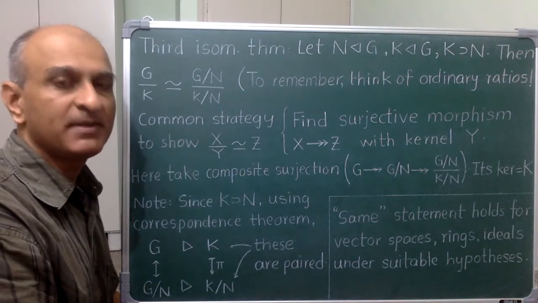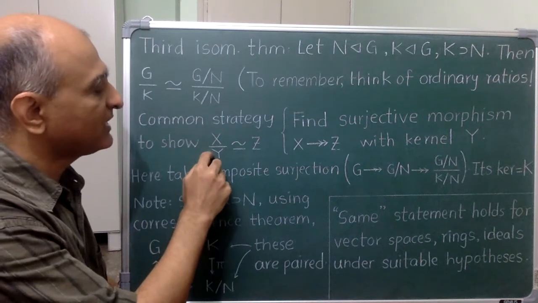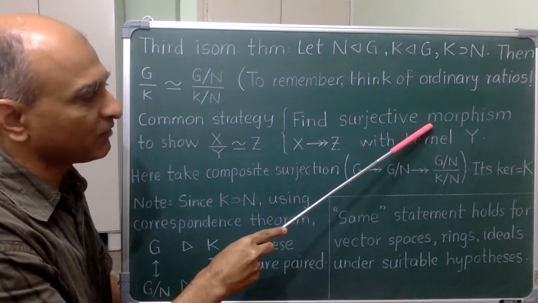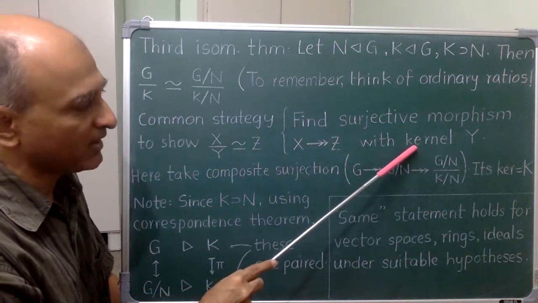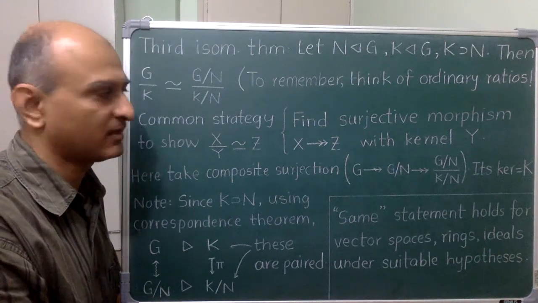I will prove this by using a common strategy. To show that X mod Y is isomorphic to Z, I try to find a surjective morphism from X to Z and show that the kernel is Y, because I can then apply the first isomorphism theorem.